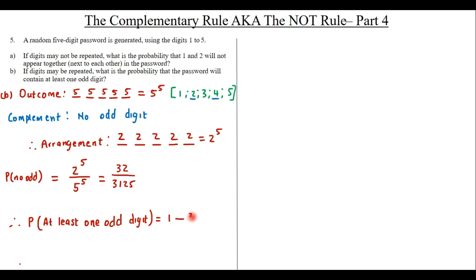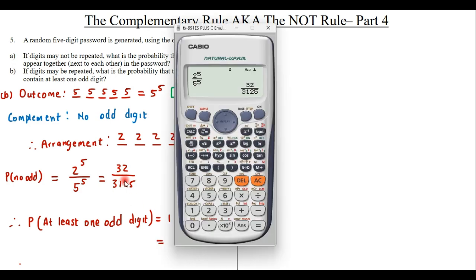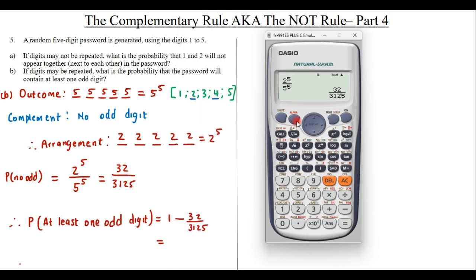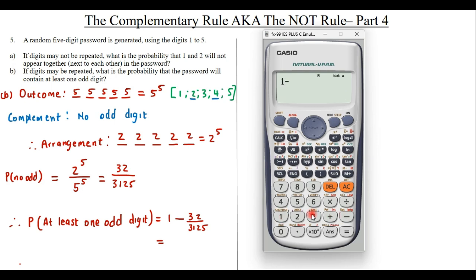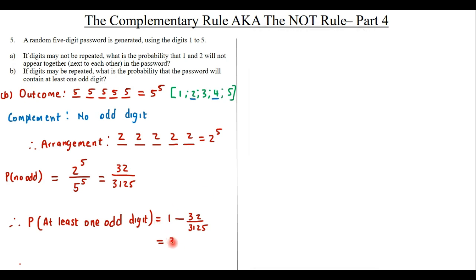So I'll subtract this from 1, 1 minus 32 over 3125, and then my answer will be the probability. Let me see what we get. Here we get 3093 over 3125.